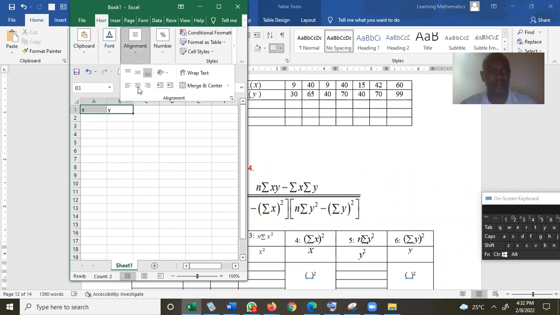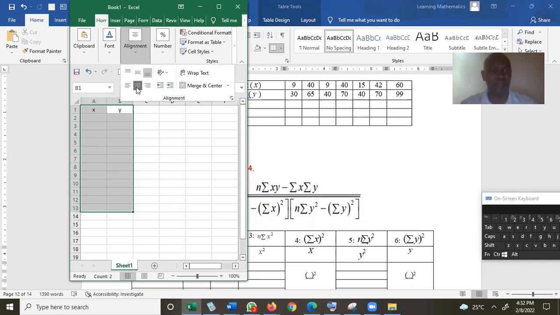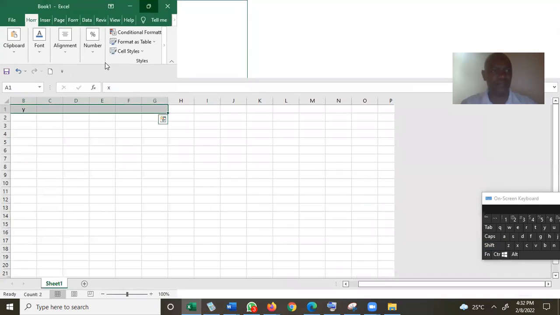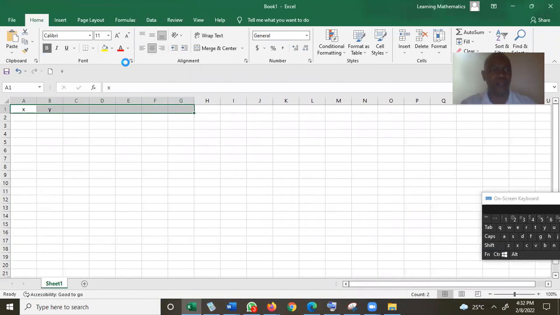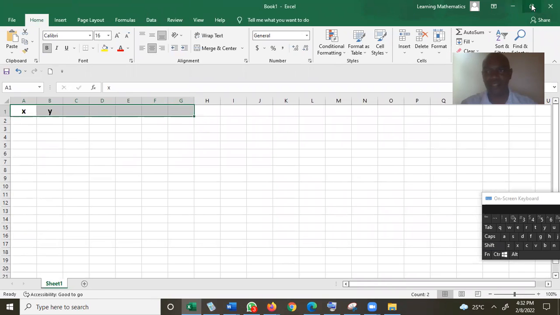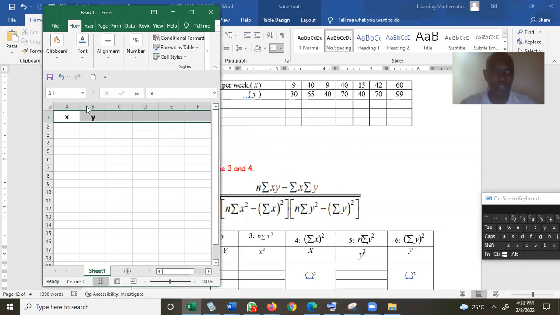Centralize this. So we centralize up to 7, doesn't matter. My X's are, let's put this in bold. I will encourage you all to be doing this as I'm doing that now, if you have access to Excel. If you don't, or if you do and you don't really want to do it that way, you have to do it manually.